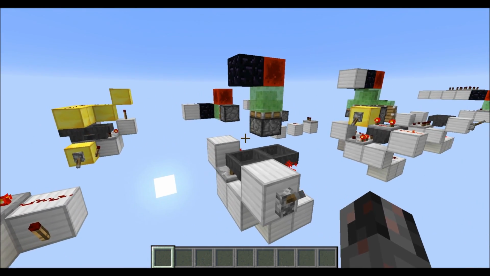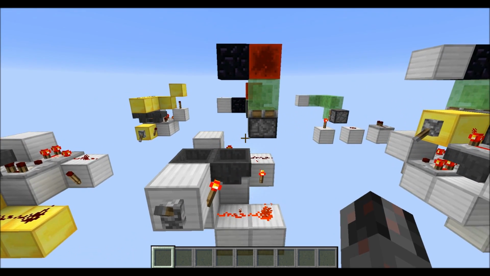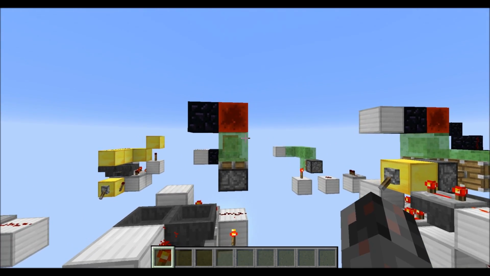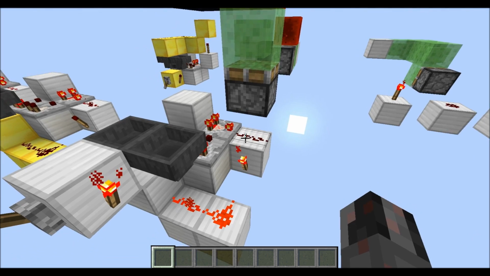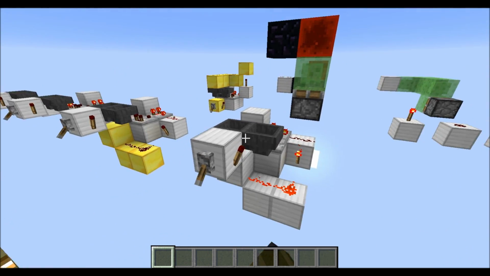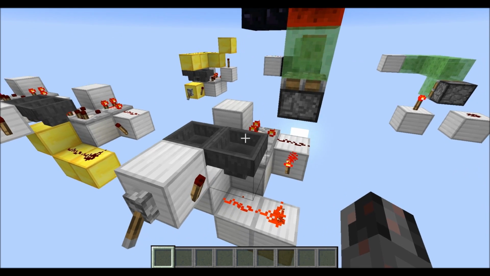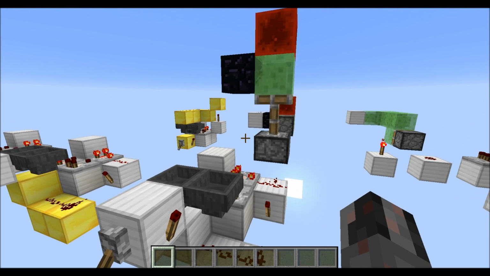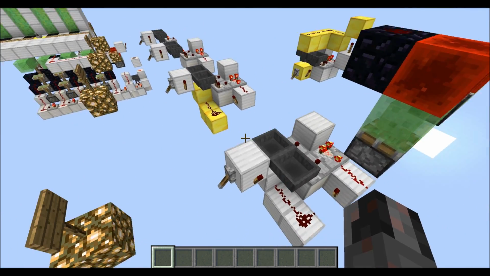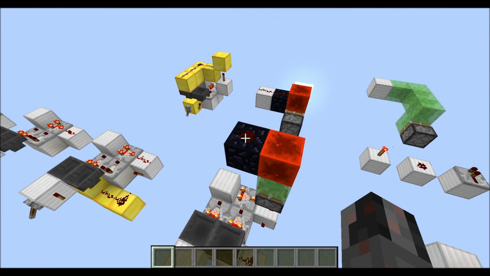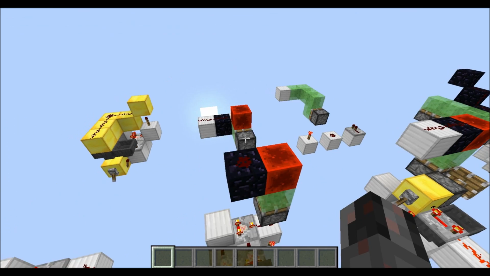So now let's talk about the second part of the control circuit, which produces the pulses. And the easiest way to produce those pulses is using a block update detector, which is detecting changes in the analog signal. So for example, as you can see here, every change is followed by a pulse that's going in this redstone line here and then can be used to redirect towards our second tier of the mechanism.